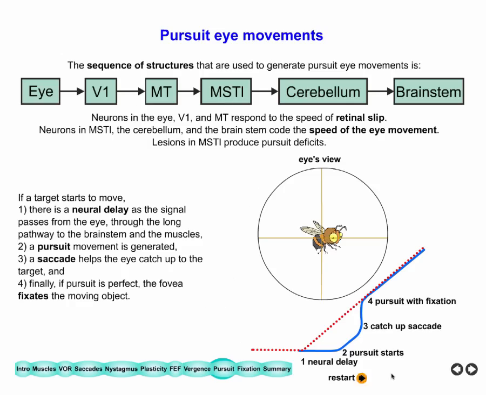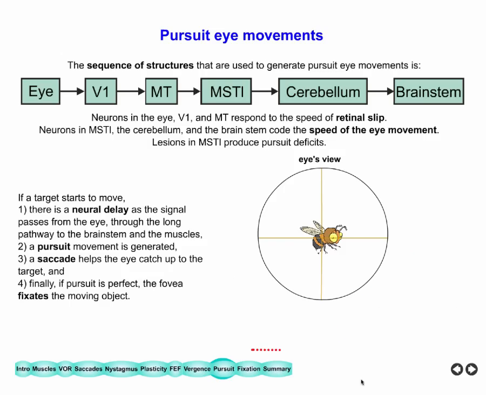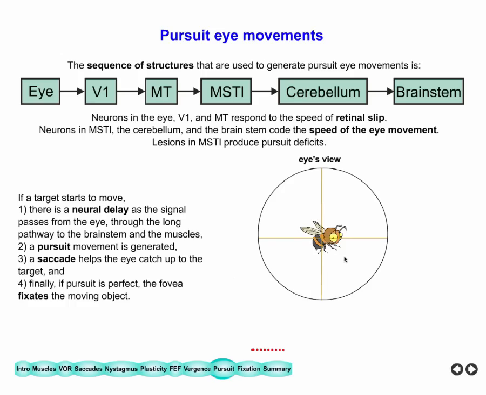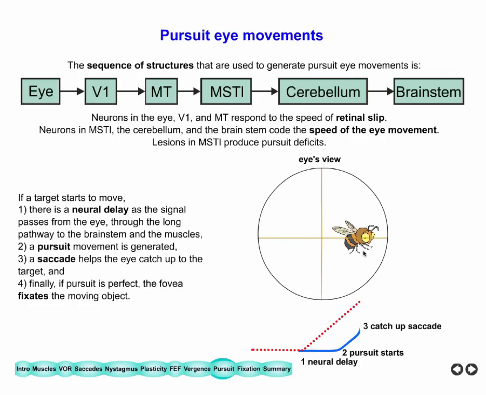Now, if you look at the smooth pursuit movement, here we start off with the bee stationary. Then we can see here the bee jumps to the side. So it's pursuing then.